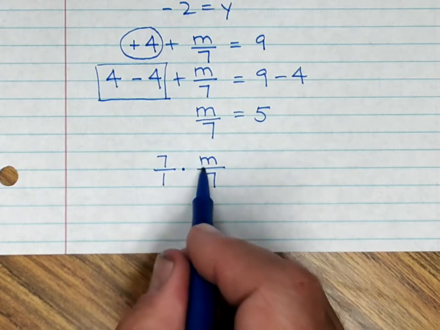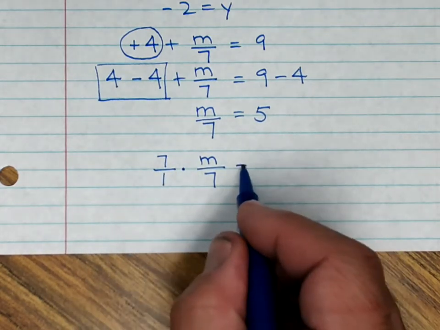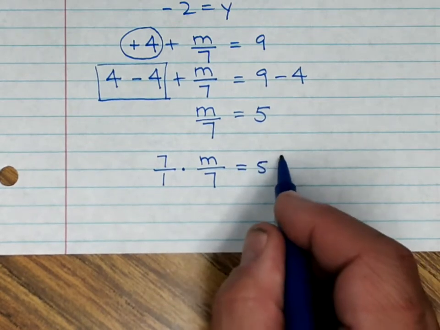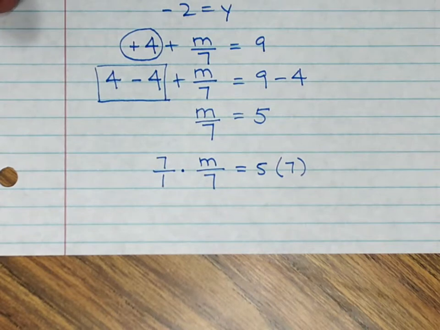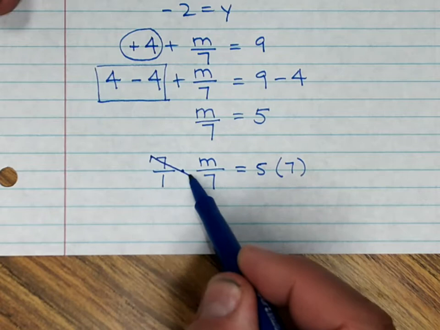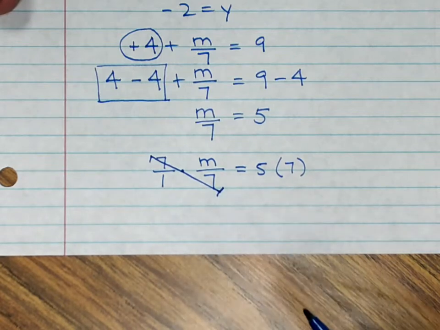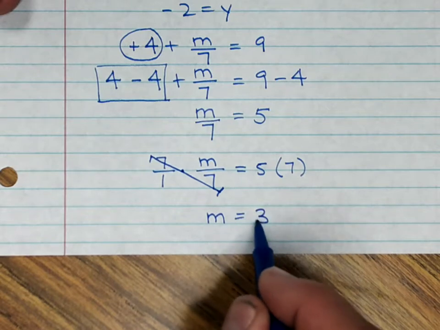So this is 1m over 7, and we're going to multiply by 7 over 1. This side's a whole number, so we're just multiplying by 7. There is a 1 underneath, but we're not really needing to show it right now. Over here we have 7 over 7 equaling 1, and we have m is 35.